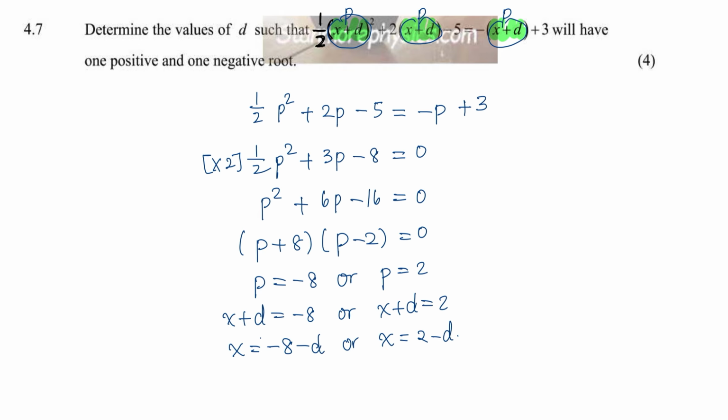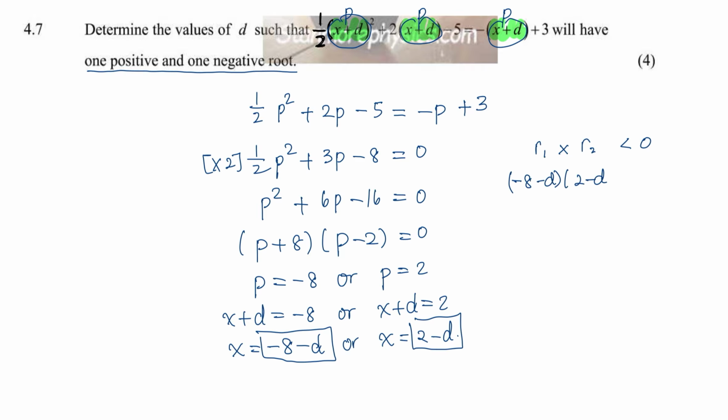Now these are my roots. So if we are looking for one positive and one negative root, simply root 1 multiplied by root 2 must be less than 0. So we can say (minus 8 minus d) multiplied by (2 minus d) is less than 0.